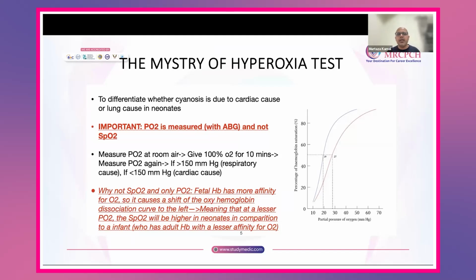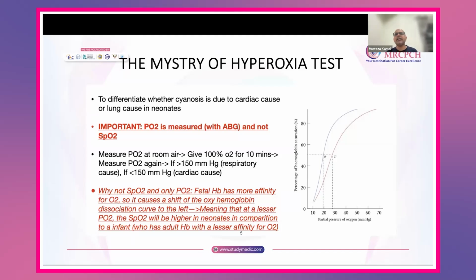How do we do it? You will do first the ABG of the cyanotic neonate in room air. See the PO2 in that, then give 100% oxygen for 10 minutes. Then you will again prick the child, do an ABG, get a PO2 and see the value of this PO2. If this PO2 is more than or equal to 150 mm of Hg, you can attribute the cause of cyanosis in this child to be respiratory.